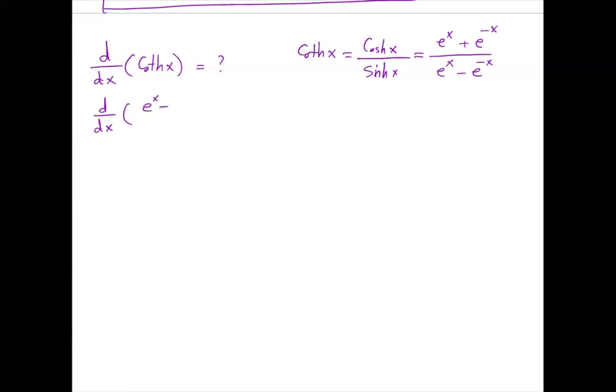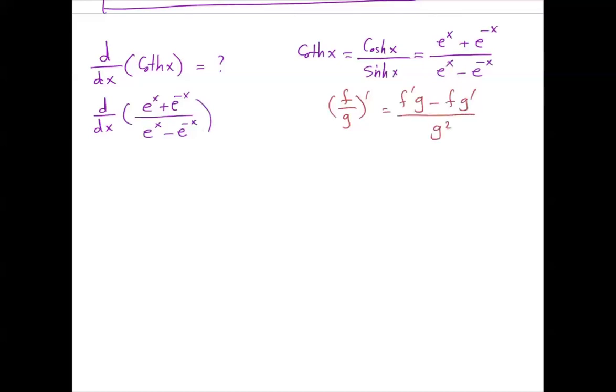e to the x plus e to power minus x divided by e to the x minus e to power minus x, the derivative. And again, remember that if you have f divided by g, the derivative is f prime g minus f g prime, divided by g squared.